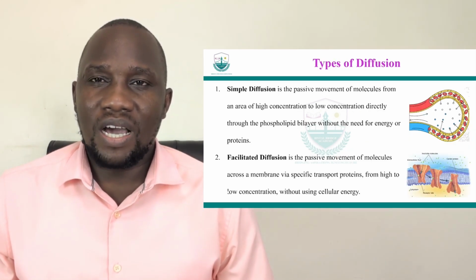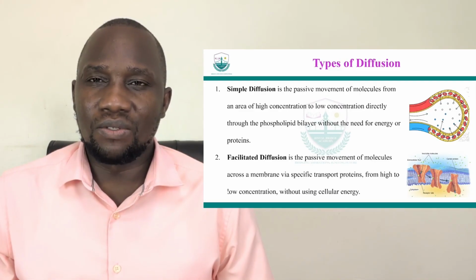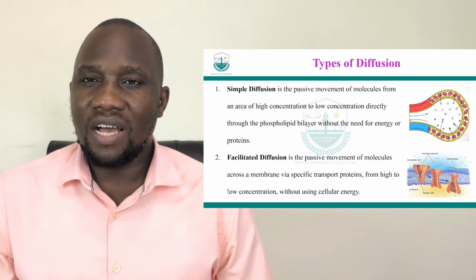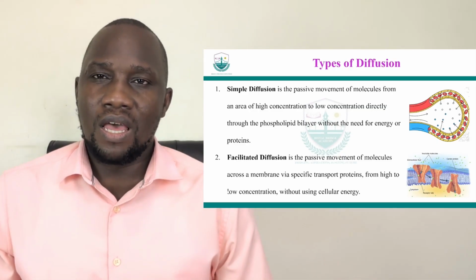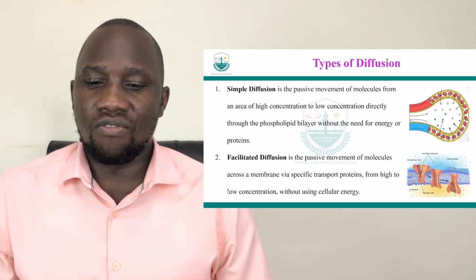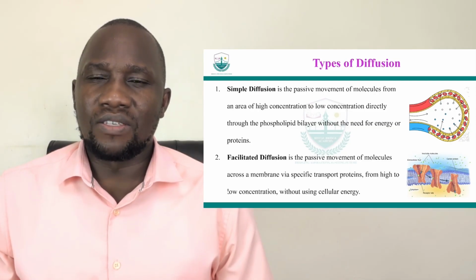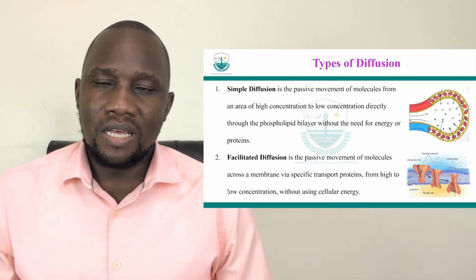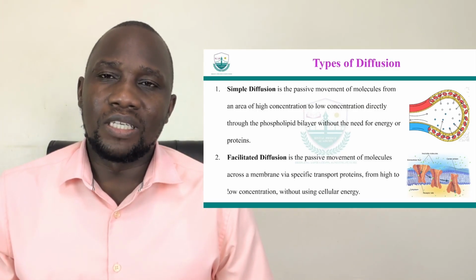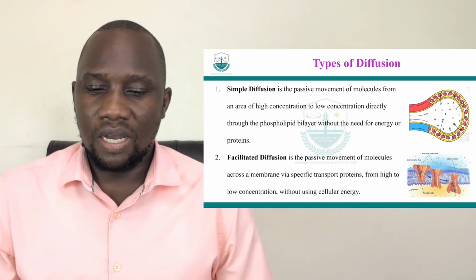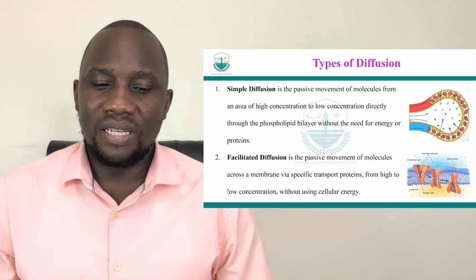So this diffusion can be simple diffusion when you don't have any other helping molecule to transport these particles. And this happens if you have this movement across a cell membrane, which is made up of phospholipid bilayer. So you don't need any energy.